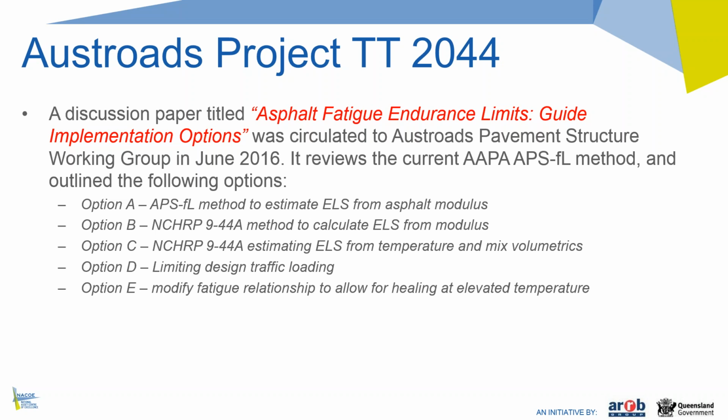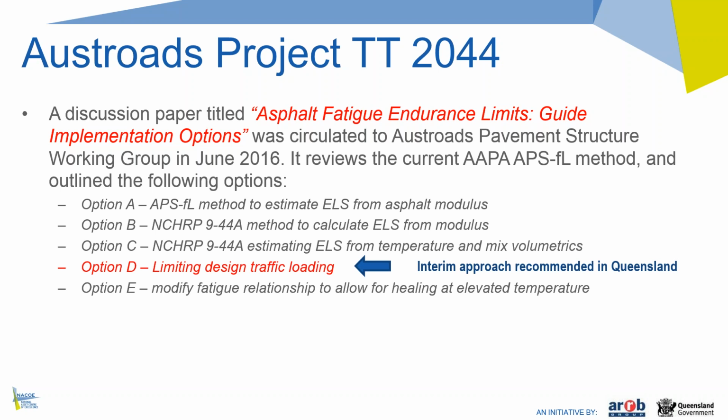The first options A, B, and C make specific reference to the fatigue endurance limit. Option D is putting a limit on the design traffic loading. Option E suggests making a modification to the fatigue relationship to allow for the healing effect of asphalt at elevated temperature.